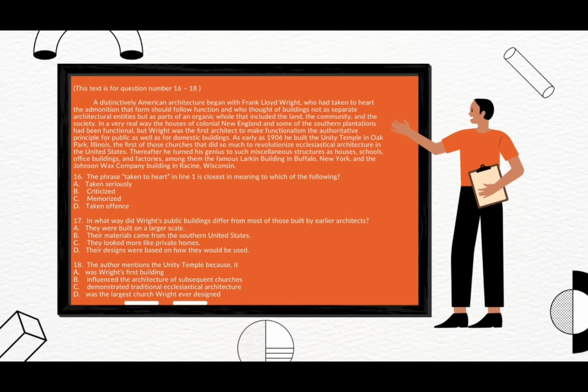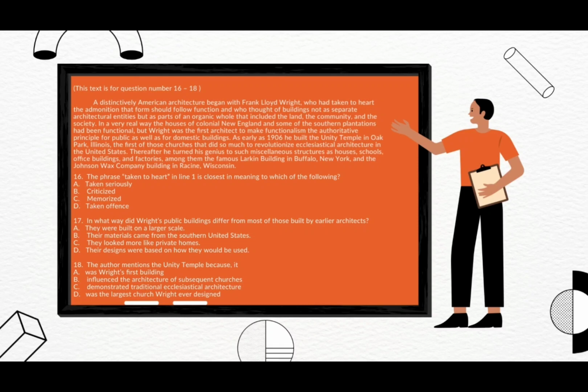Thereafter, he turned his genius to such miscellaneous structures as houses, schools, office buildings, and factories, among them the famous Larkin Building in Buffalo, New York, and the Johnson Wax Company Building in Racine, Wisconsin.